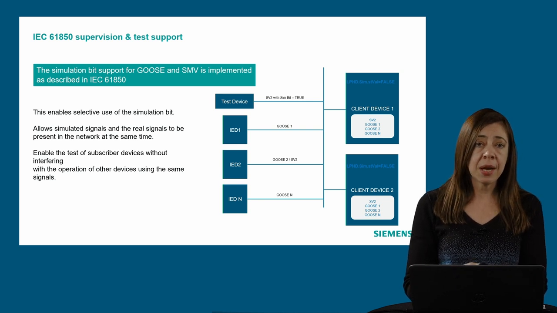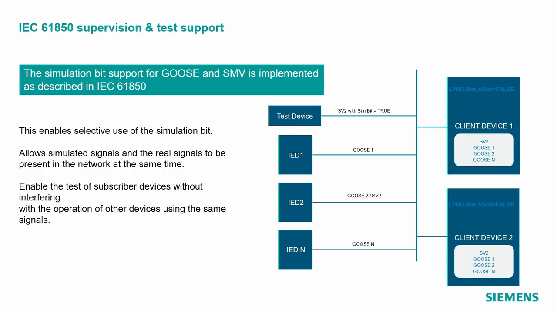The test device will inject either sampled values or GOOSE messages with this special simulation bit on, and the protection devices will accept the simulation signal only if they are set to simulation mode. If they are not set to the simulation mode, they will simply ignore this simulated signal.